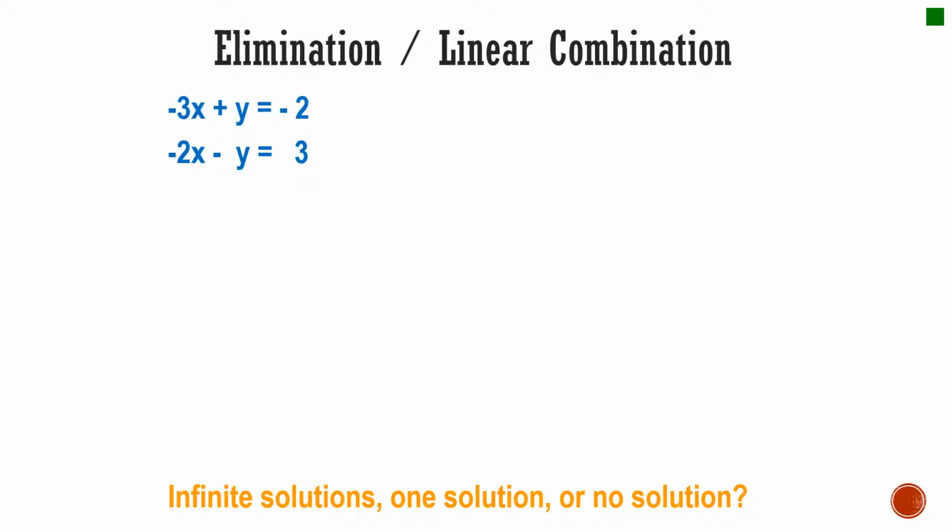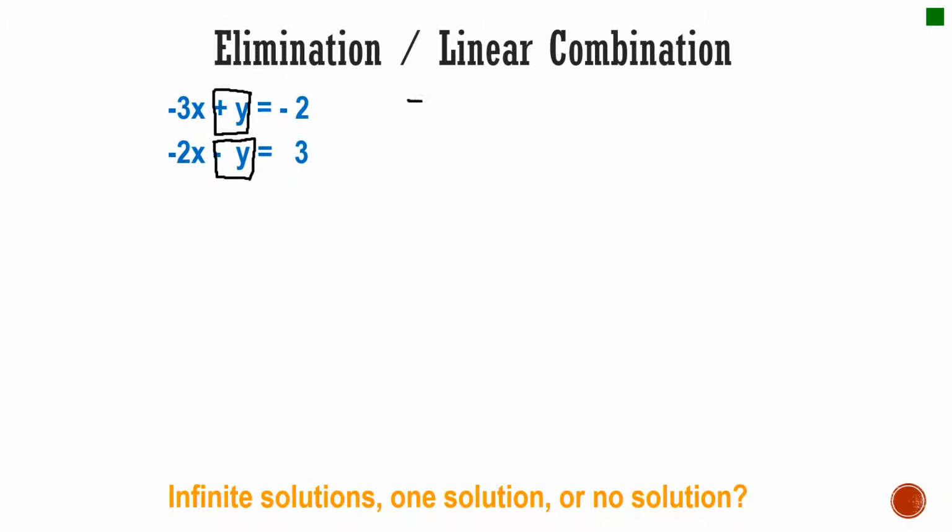The first thing you want to do is analyze your variables. When you're trying to eliminate, you want to see which ones you can easily eliminate. Well, I have negative 3x plus y equals negative 2, and I have negative 2x minus y equals 3. So it's clear to me that these y's can be eliminated. I have a positive y here and a negative y there.